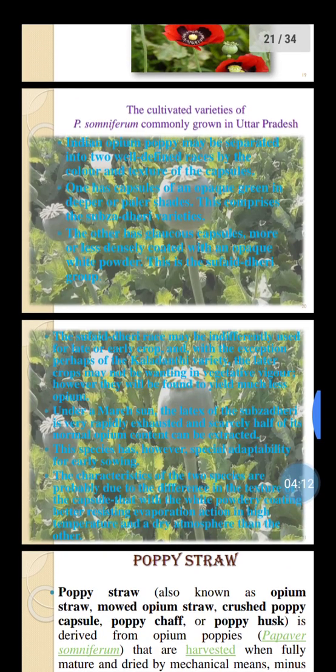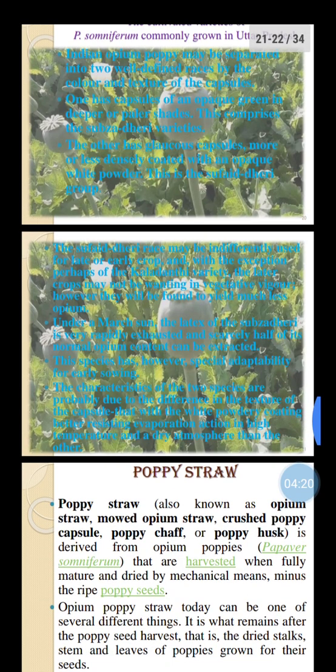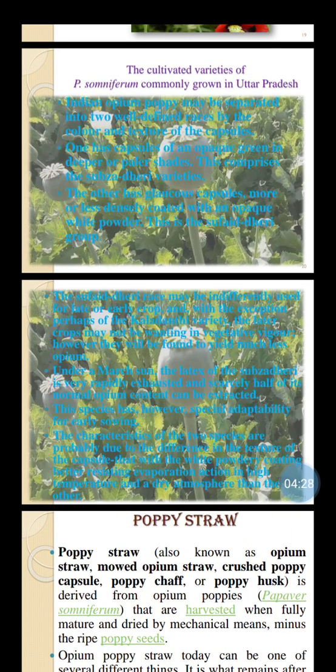These are the two types of the variety, Safed Dheri and Sabza Dheri, and they are grown in Uttar Pradesh.